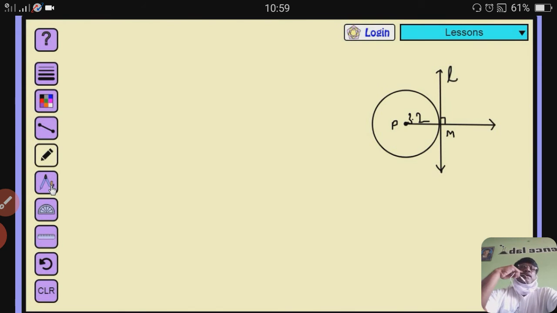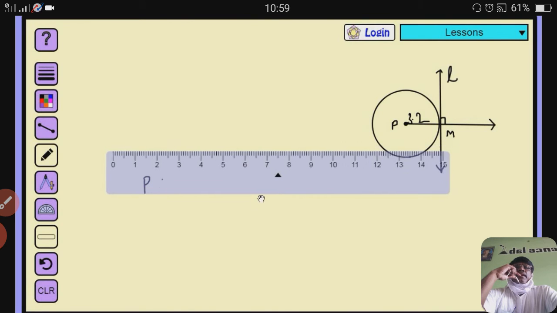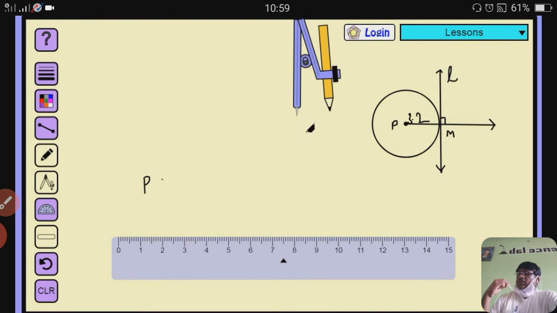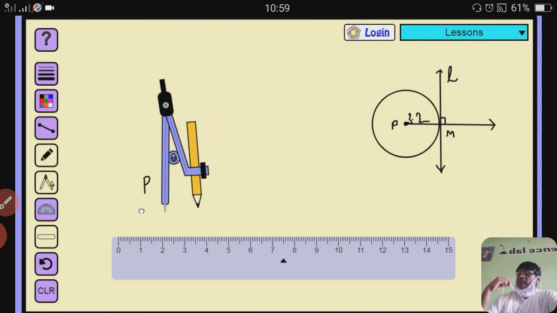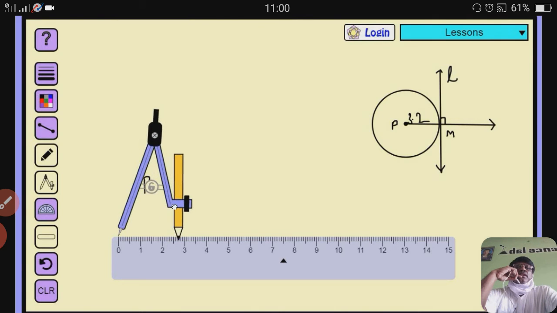Rough diagram: radius 3.2 centimeter, center P, any point on the circle M, and draw the tangent at point M. First, mark the center P, and draw a circle with radius 3.2 centimeter.